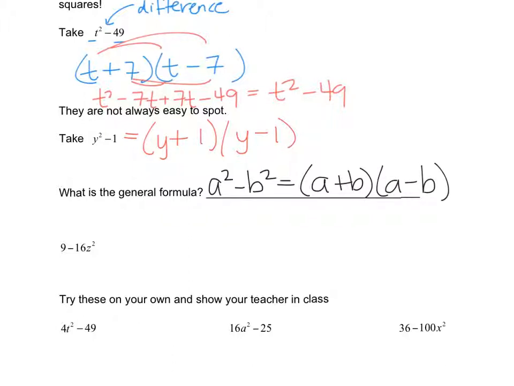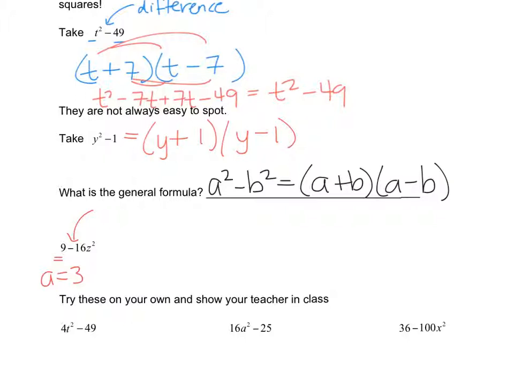Let's try using that formula here. We just have to identify what a and b are. So we have our subtraction symbol, so we know that it's going to be a difference of squares. Well, if this first term is a squared, then the square root of it, or a, must just be 3.